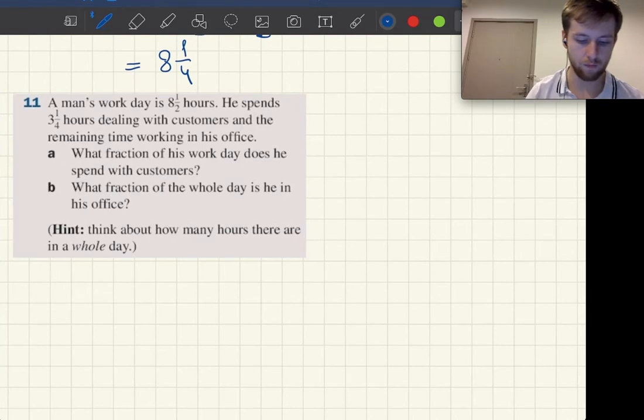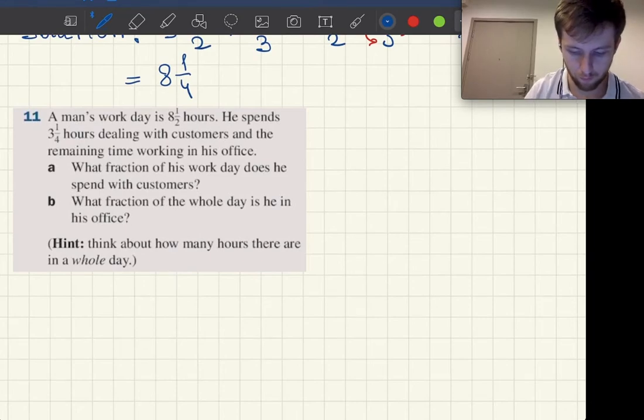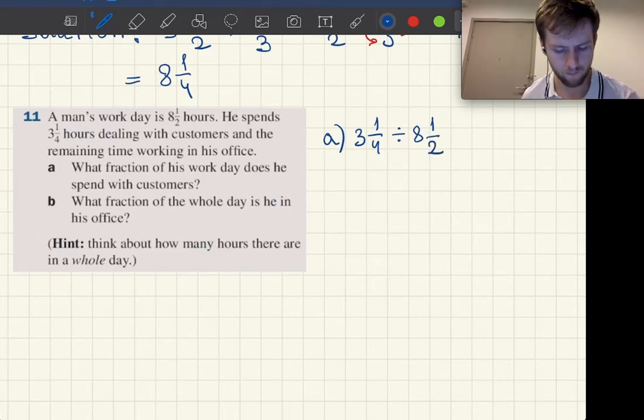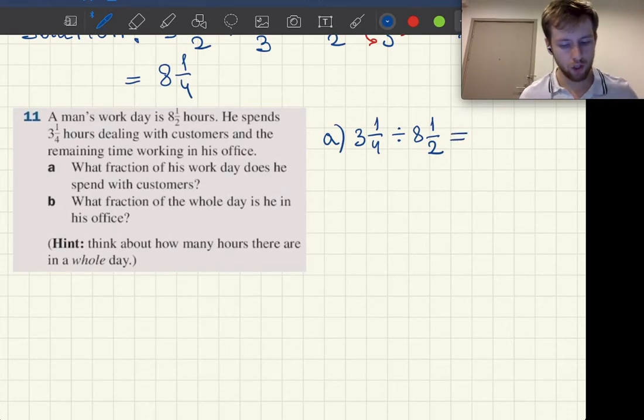So we have to divide in A. In A we have to divide the smaller number, which is 3 and 1/4, by 8 and 1/2. Okay. What fraction dealing with customers?